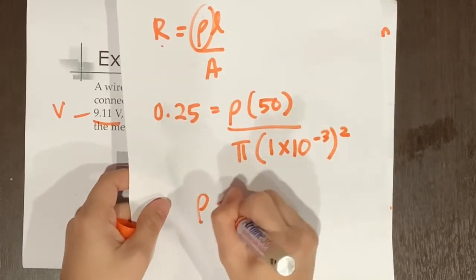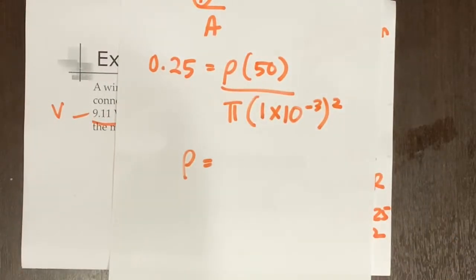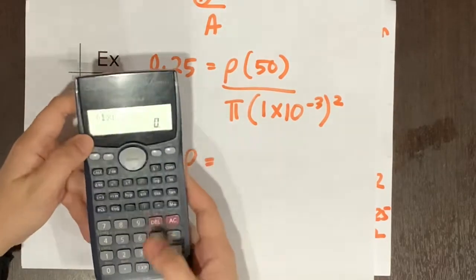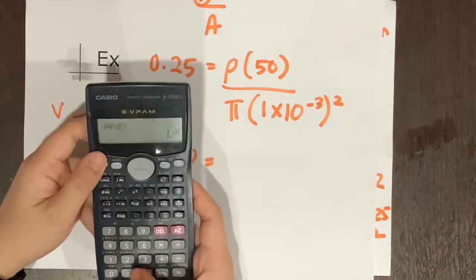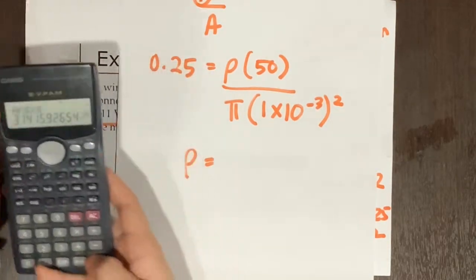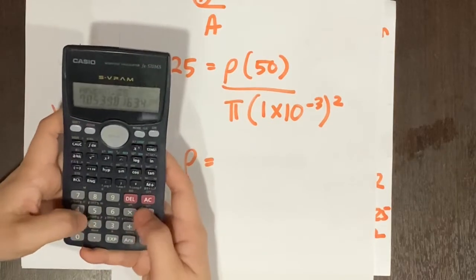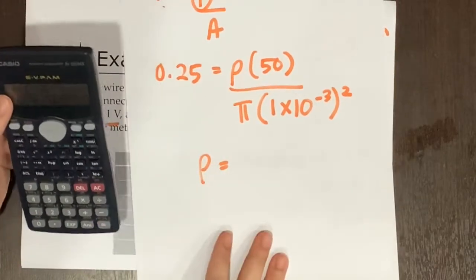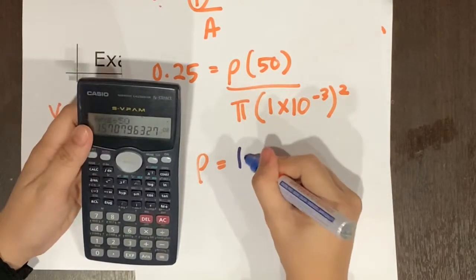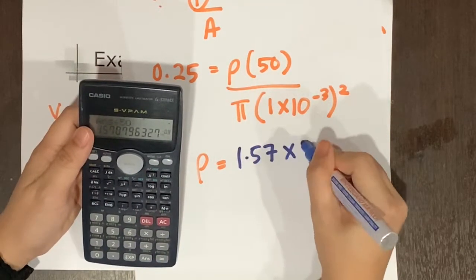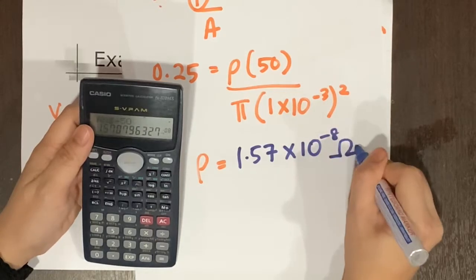So rho is equal to 1 times 10 to the negative 3 squared, times pi, times 0.25, divided by 50. The answer is 1.57 times 10 to the negative 8 ohm meter.